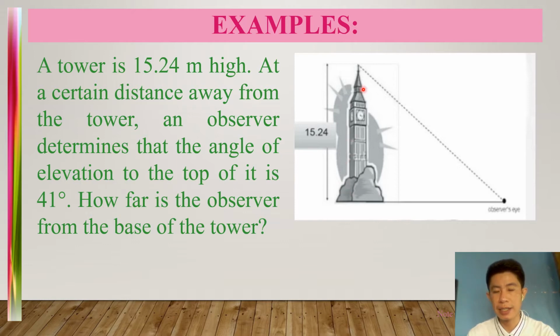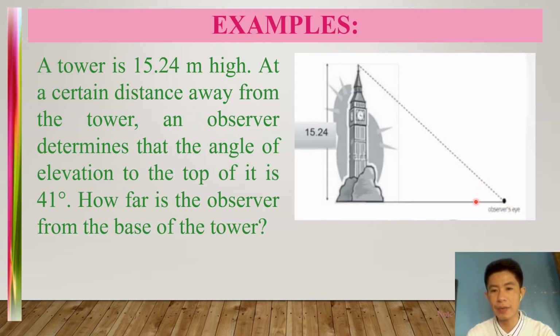So for example, this is the tower. Based on the given problem, the tower is 15.24 meters high from the ground. And it is also said in the problem that this is the eye of the observer, and the angle of elevation is 41 degrees.